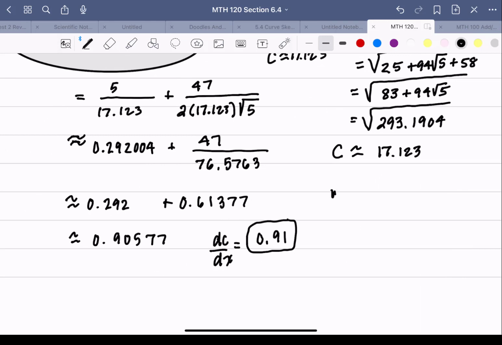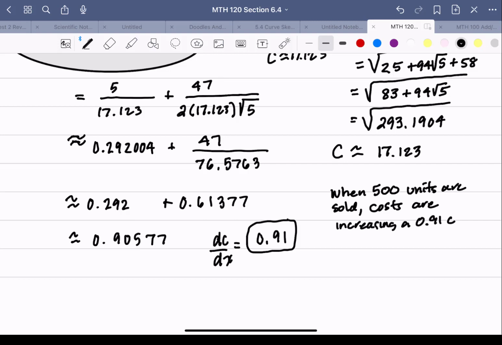When 500, not 5, but hundreds, 500 units are sold, costs are increasing at 0.91 cents per unit. That would be our interpretation.